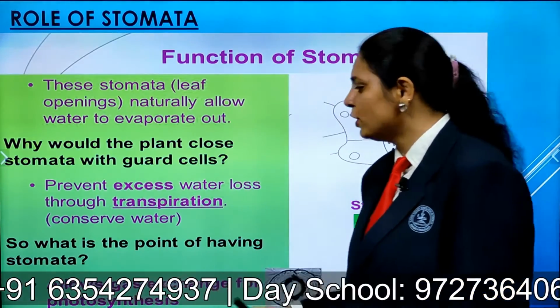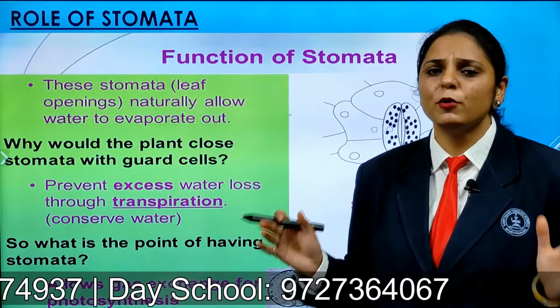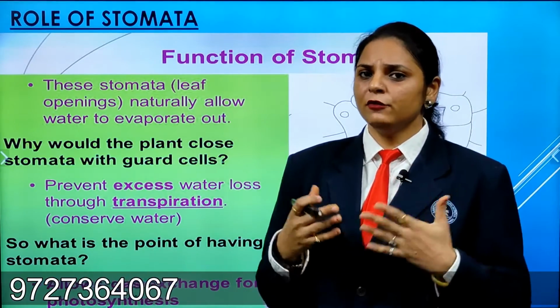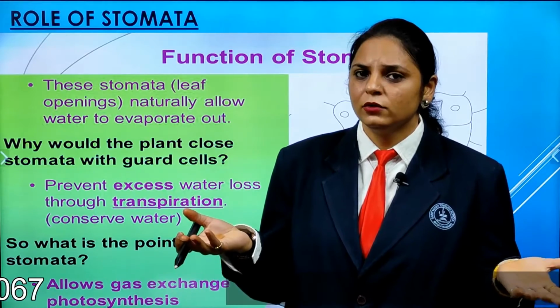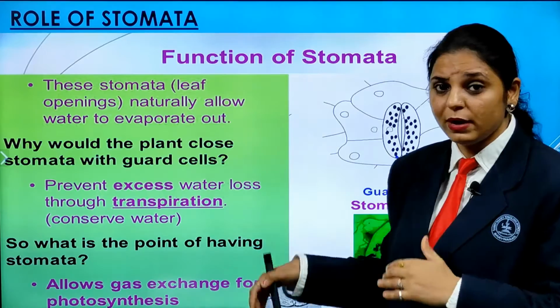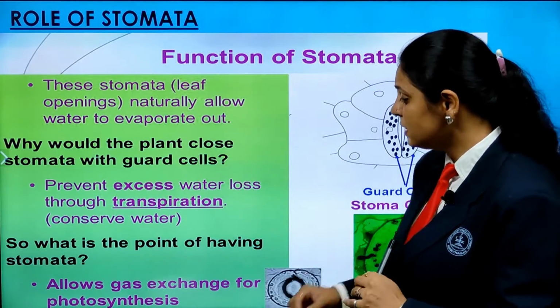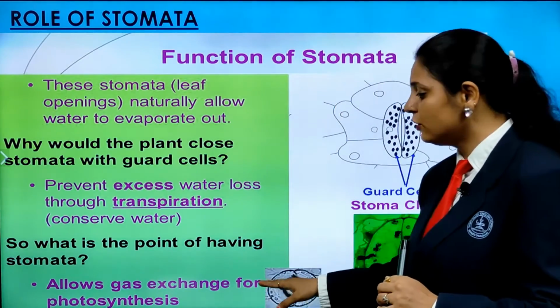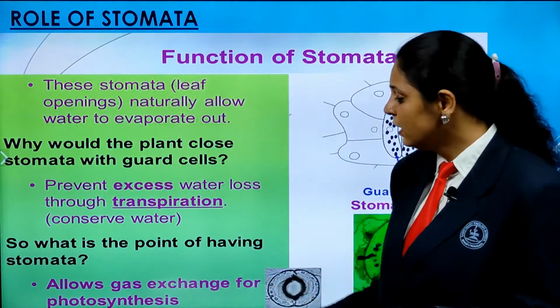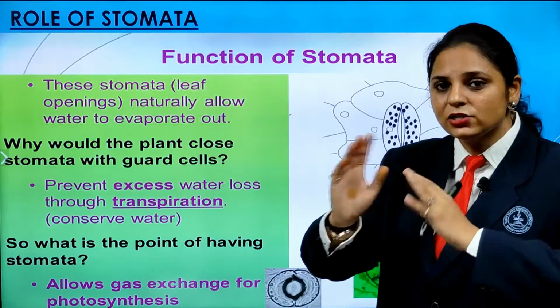So what is the point of having the stomata? Why is it not just like a plain leaf? If there is no stomata in the leaf, is it okay? No. There is a need of stomata in the leaf. It allows the gas exchange for photosynthesis. If the stomata is not present, then it is not going to allow the gaseous exchange.